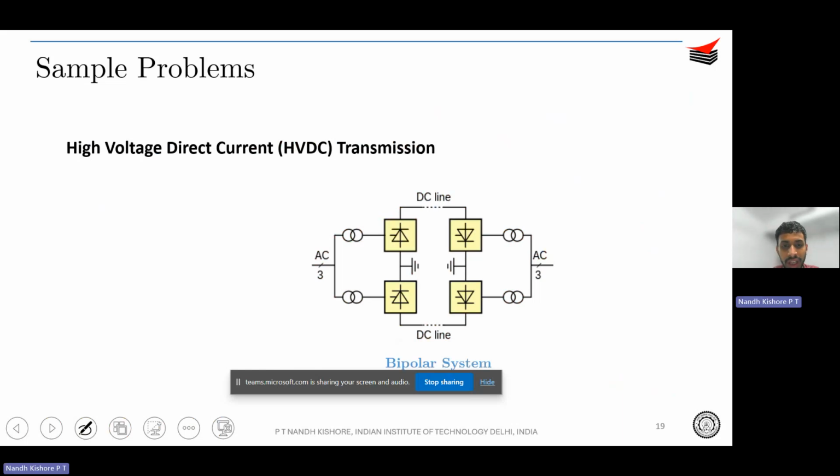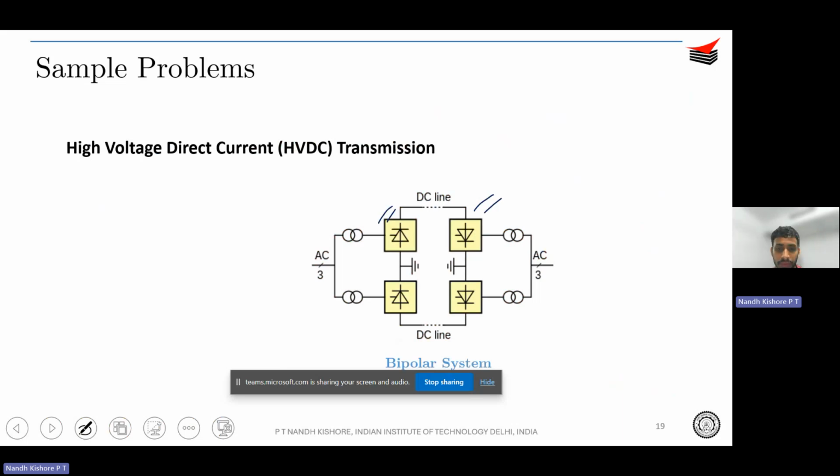So you have the three phase over here, and you basically convert AC to DC, and then you convert DC to AC. That's your HVDC system. In the middle, you have the DC line, and in a bipolar system, you have the midpoint ground over here.